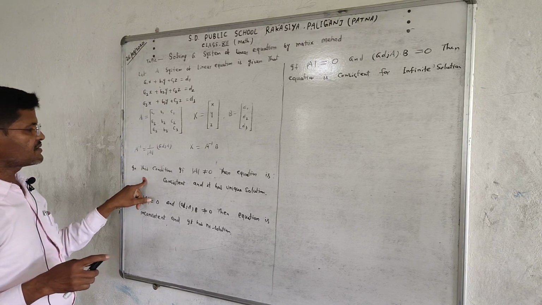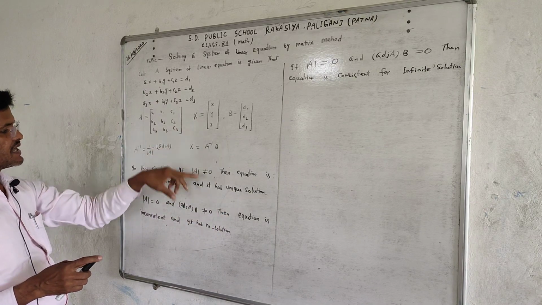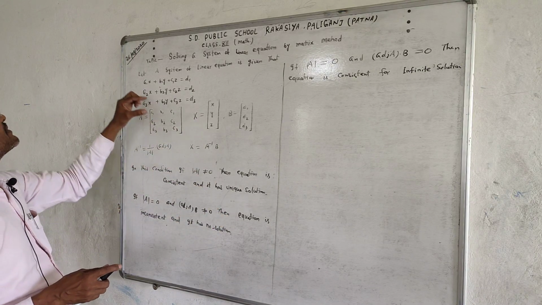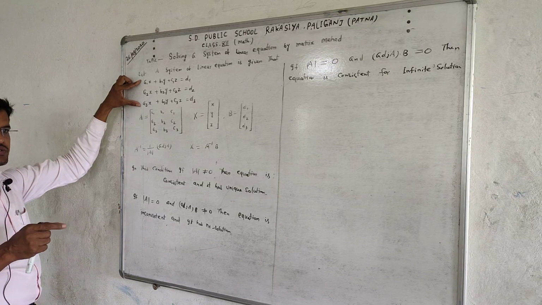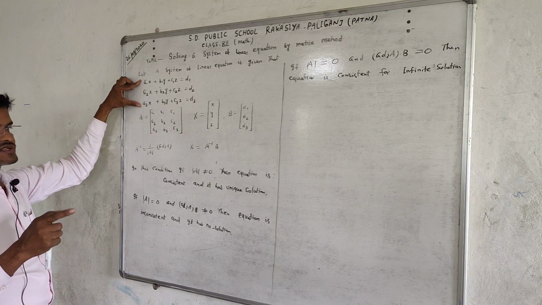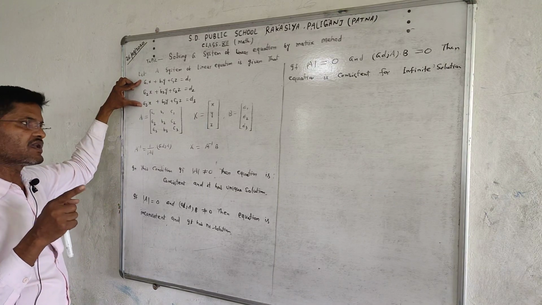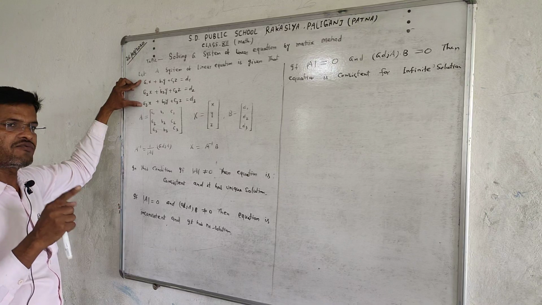In this situation, the equation has a unique solution. This means for x, y and z there exists only one value: one value of x, one value of y and one value of z.